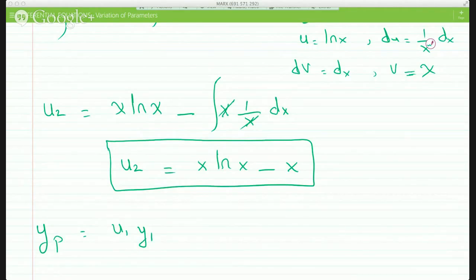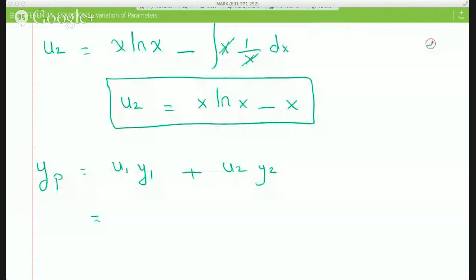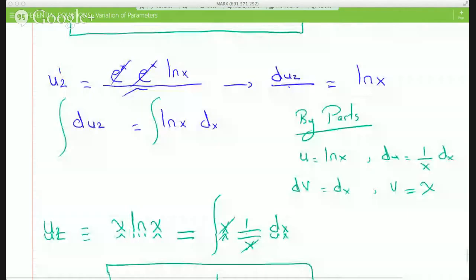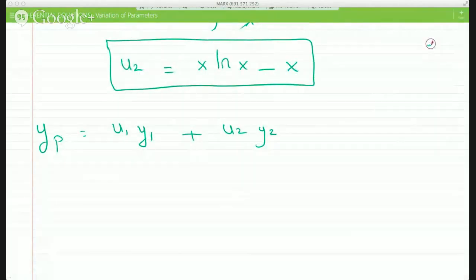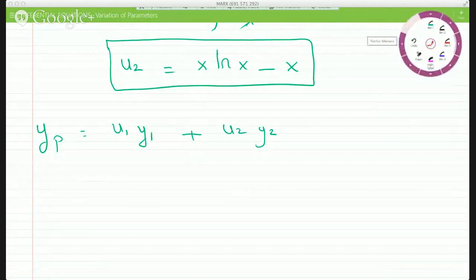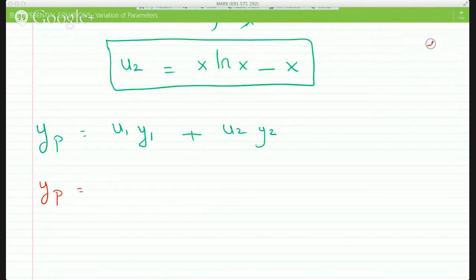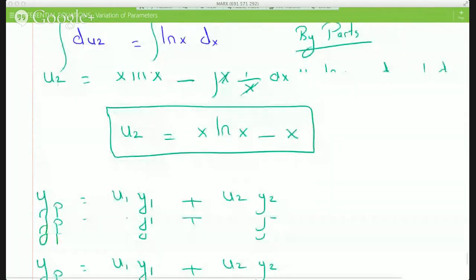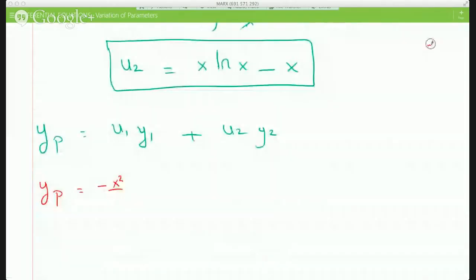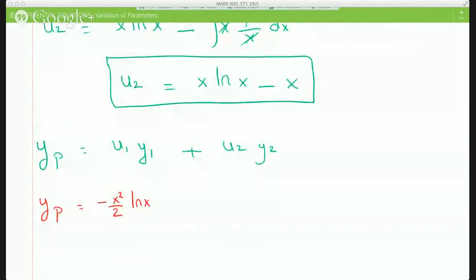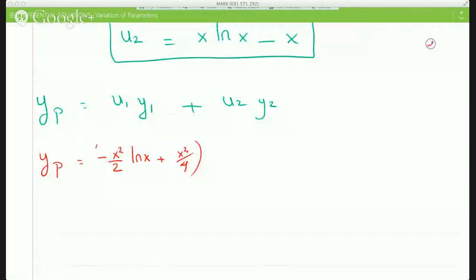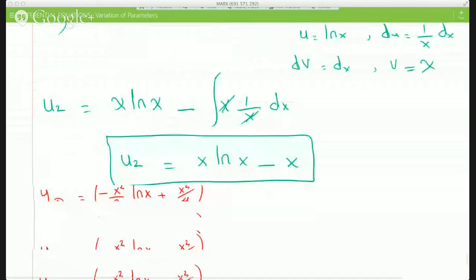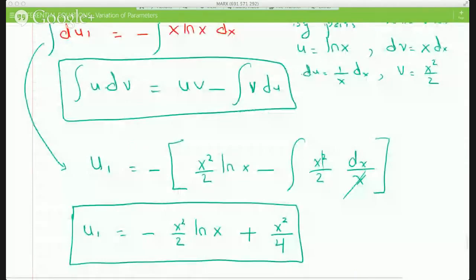So u1 we already have: minus x squared over 2 ln x plus x squared over 4, times y1, which is e to the x.